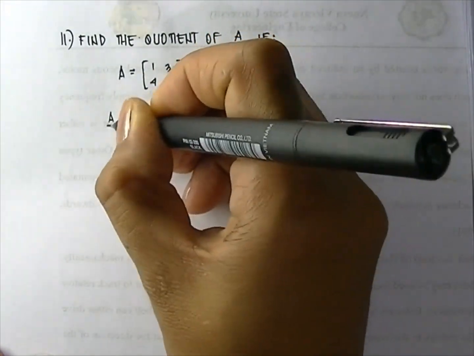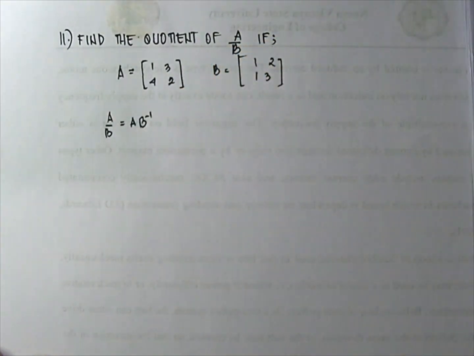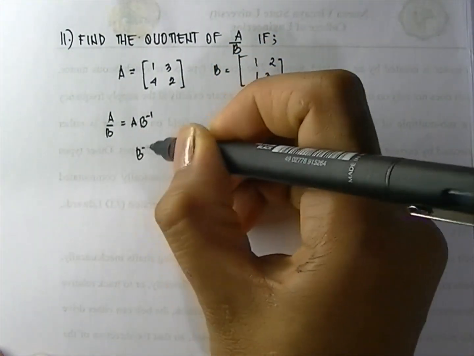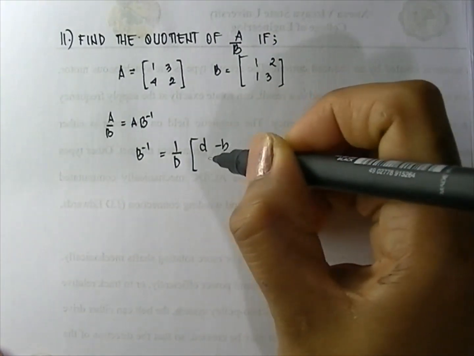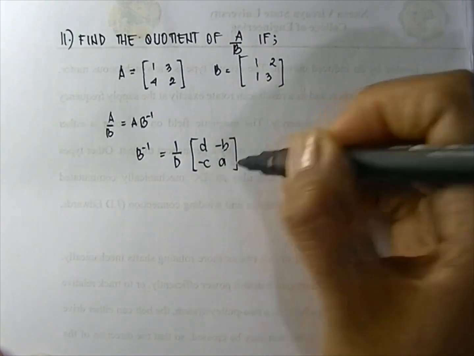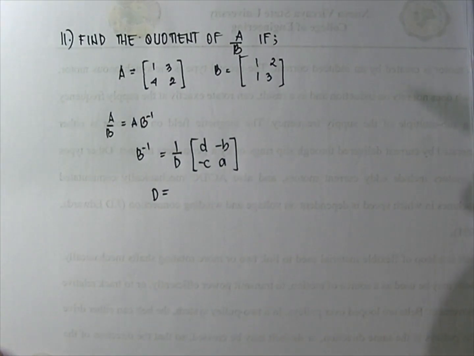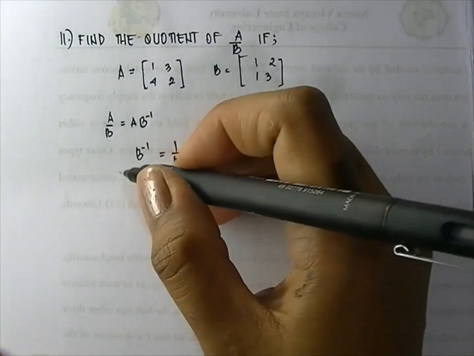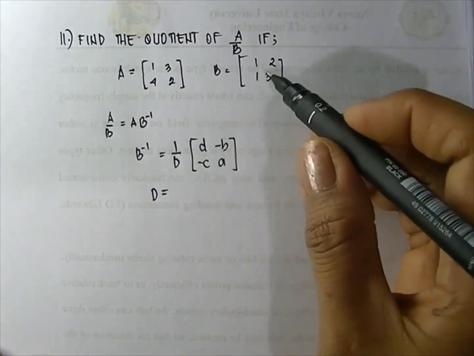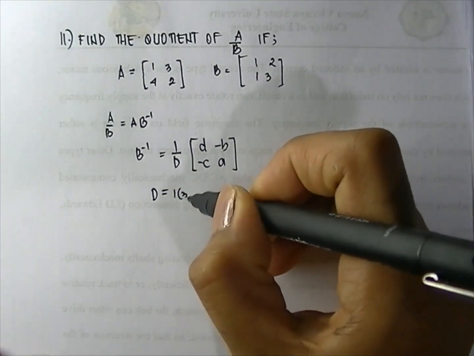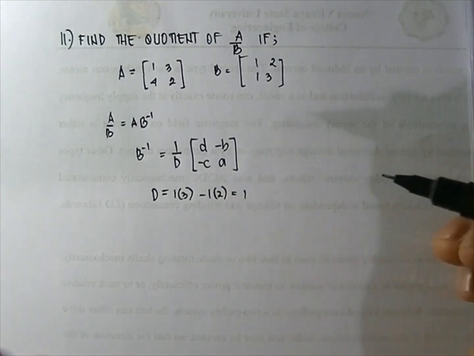So, A over B is also equal to A times the inverse of B. So, the inverse of B is equal to 1 over the determinant multiplied to D, negative B, negative C, A. So, let's find the determinant of B. We have 1 times 3 minus 1 times 2. So, we have 1.